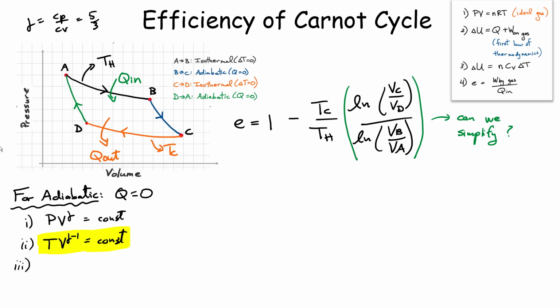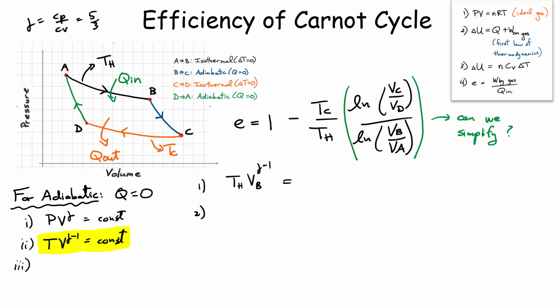Because I want to eliminate these ratios here somehow, or I want to simplify them. So what we're going to do here is consider writing down this highlighted equation for 2 adiabatic processes. That's where this formula is applicable. So for example, if I write it from B to C, if I start at point B, that's at a temperature T hot, and the volume is some value VB, and I have to raise that to the gamma minus 1.